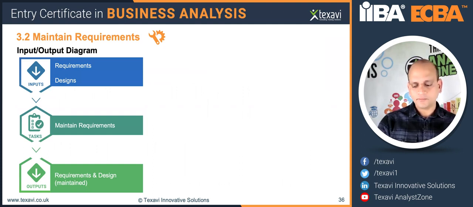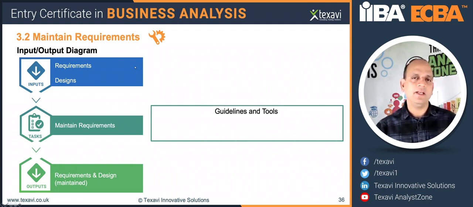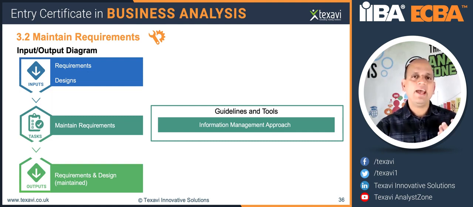In terms of the maintenance of requirements, the input-output diagram: obviously we have the requirements and design coming in as inputs. Within this activity, you've got the information management approach, because maintaining requirements is all about communication, ensuring we have the correct information in the correct place to the correct level of detail.